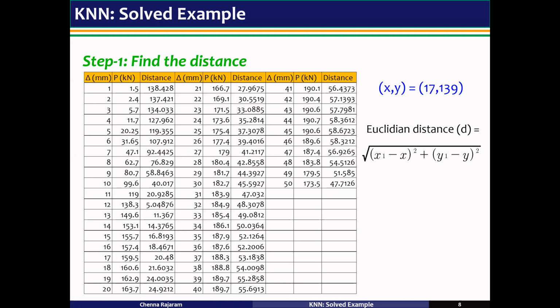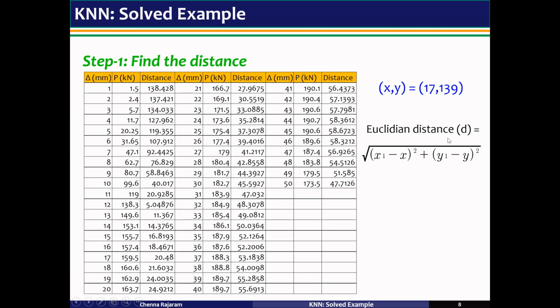The first step is to determine the distance from the point x, y to all the points. Here you have a column which denotes the distance from x, y to the points delta and P. These are the distance values, and the distance is calculated using Euclidean distance.